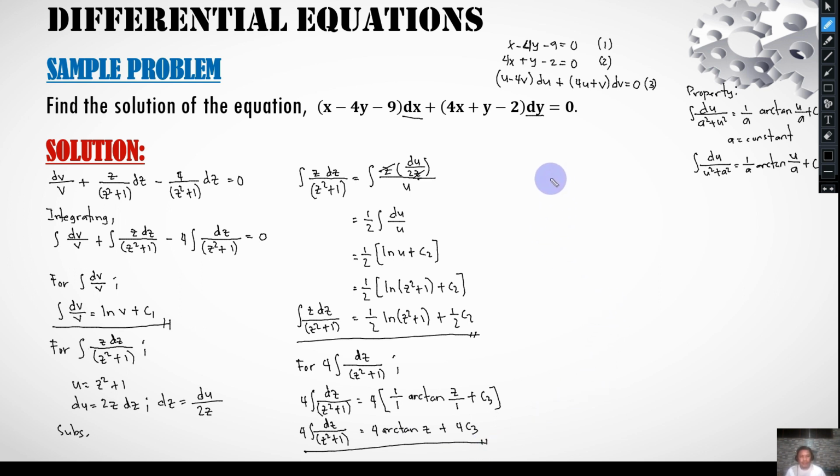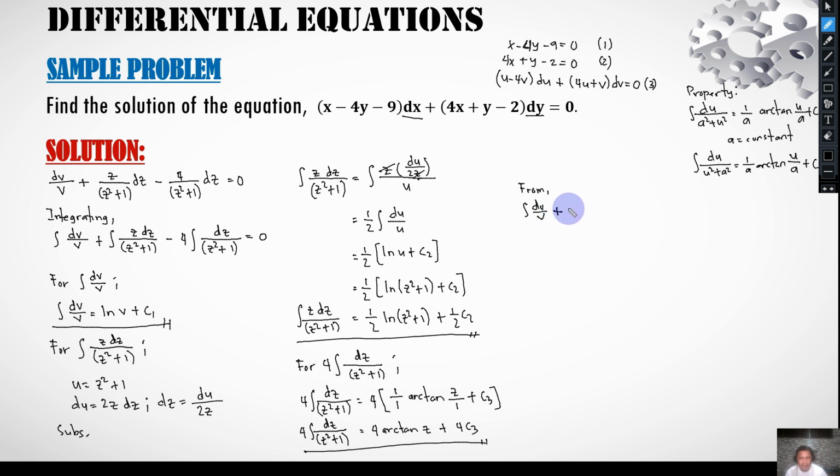So, after this one ay atin na siyang gamitin ito. So, we will just have to write it here. We have this integral of dv over v.